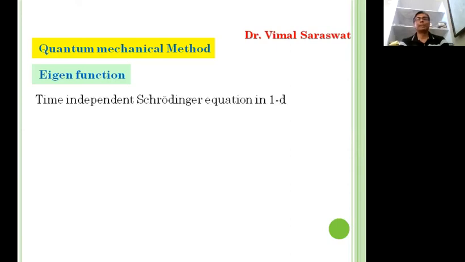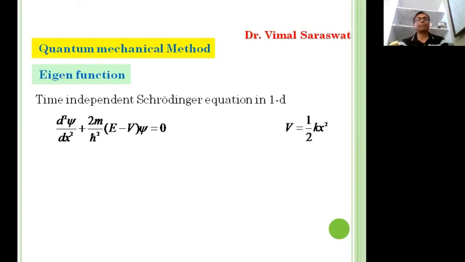Now the time independent Schrodinger equation in one dimension is d2 psi by dx2 plus 2m upon h cross square (E minus V) into psi equals 0. Here m is mass of particle, h cross is reduced Planck's constant, and V is potential energy. Psi represents the eigenfunction.